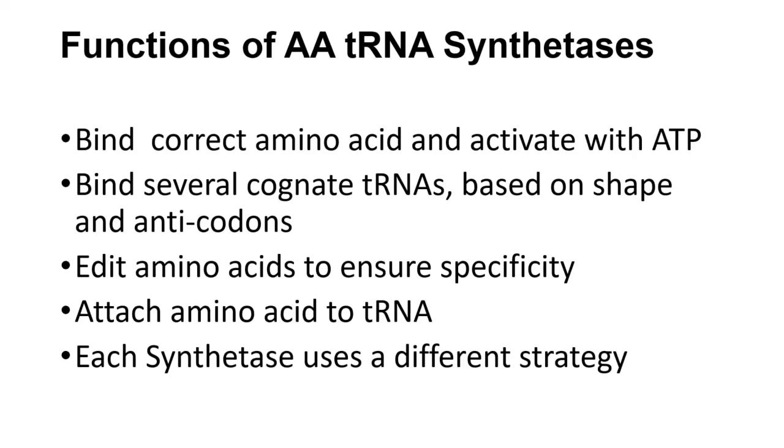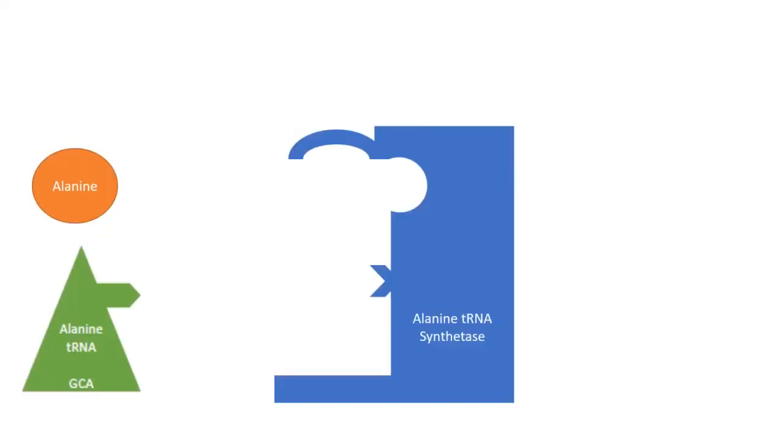I'm now going to show how the AA tRNA synthetase works. Here we see in blue the enzyme. Of course, it's a schematic of the enzyme alanine tRNA synthetase. Its job is to attach an amino acid, alanine, to the correct tRNA for alanine. The first step is to bind the amino acid to a specific binding site, which is made to precisely fit the amino acid alanine.